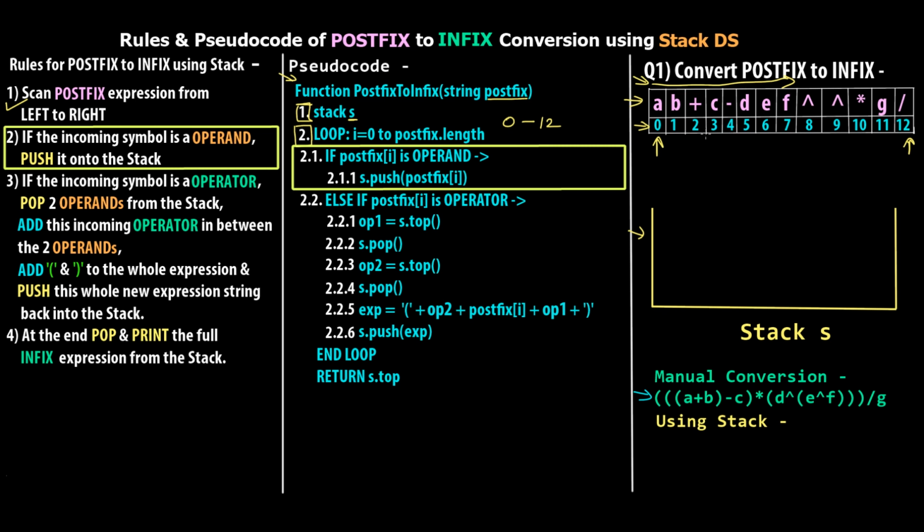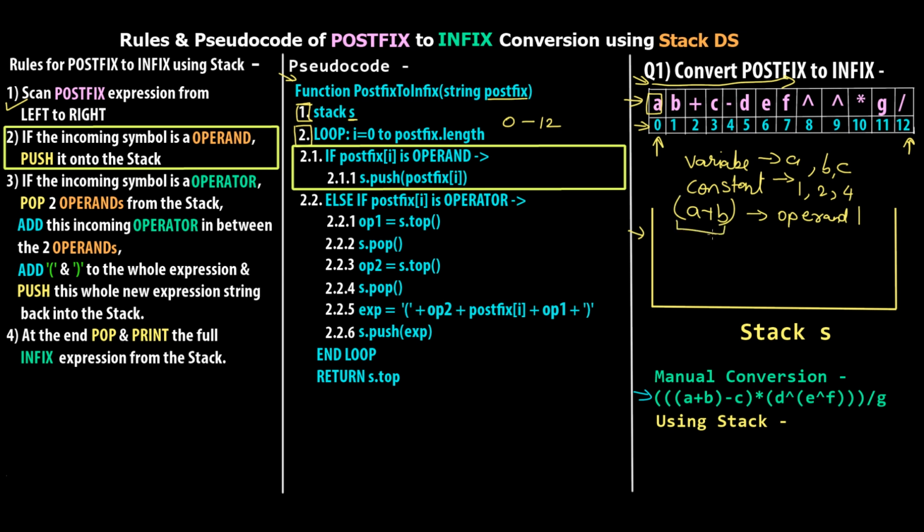So the only possible cases are that the symbol can be an operand. An operand can be a variable, variable means a, b, c and so on and so forth. It can be a constant, which is a number 1, 2, 3 and 4 and so on. Or it can be a sub expression, which means a plus b can be collectively considered as operand 1 as well, right? So this can also be considered as one operand.